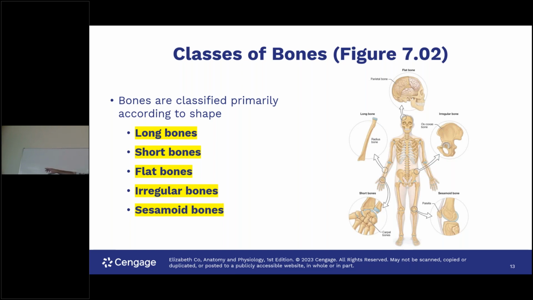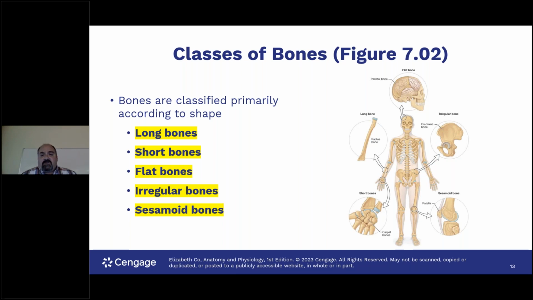We would say that's a coxal bone, C-O-X-A-L. So the pelvis is made up of two coxal bones. Not to be confused with what your tailbone is called, the coccyx. Different, okay? But that's an irregular shaped bone.